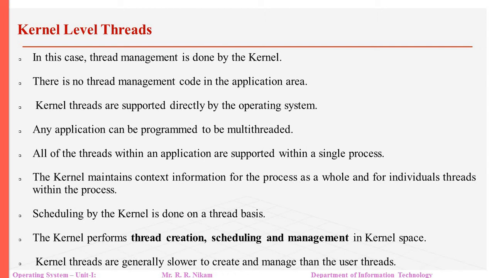Next point, the kernel performs thread creation, scheduling and management in kernel space. All three activities are done in the kernel space. Next, kernel threads are generally slower to create and manage as compared to user level threads.